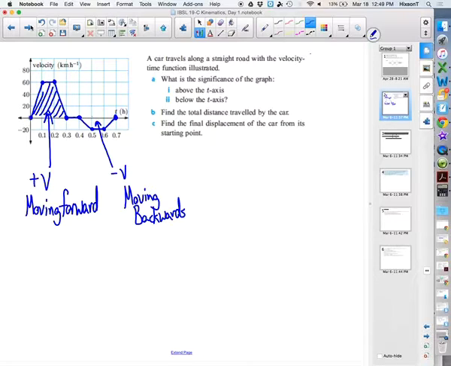Now, part B is kind of interesting here. It says, find the total distance traveled by the car. So that'd be, you would just make the area under there positive, right? Okay. B and C bring to light this concept of, are we talking about a net area or a total area?